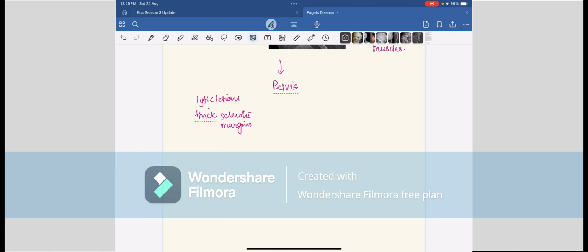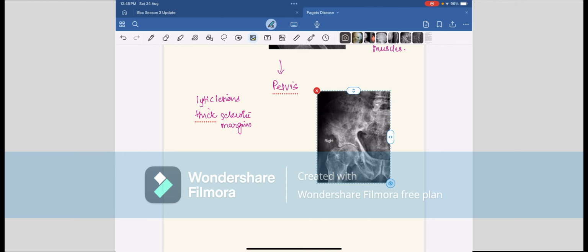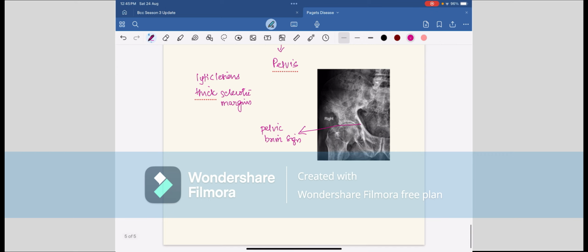So this is called pelvic brim sign, which is evident in this photo. So this is the pelvic brim sign. You can see here there is a lot of lytic lesions and there is a thick brim. So this is called a pelvic brim sign. These types of lesions in the pelvis can cause the pelvis to tilt towards one side.